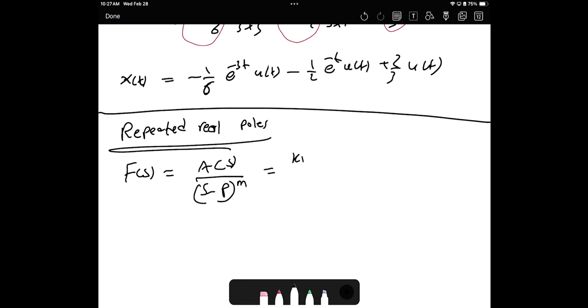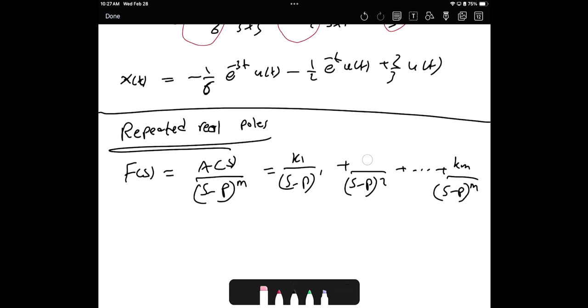It will be k1 over (s minus p) power 1, plus k2 over (s minus p) power 2, and we keep adding the power until reaching k_n over (s minus p) power n. So you will see we go to higher orders of the polynomial: k1 with (s minus p) power 1, k2 with (s minus p) power 2, k3 with (s minus p) power 3, etc., until reaching the highest order, (s minus p) power n.